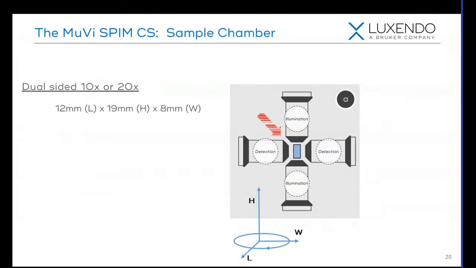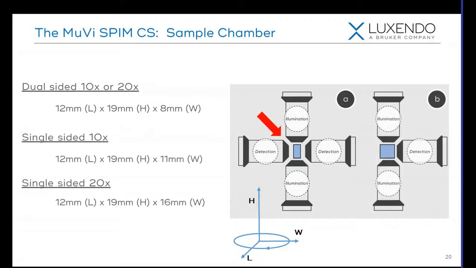The dual-sided chamber, consisting of 2 10x's or 2 20x's, or even an unbalanced configuration with 1 10x and 1 20x, will accommodate samples up to 12 millimeters between the illumination lenses and 8 millimeters between the excitation lenses, while being 19 millimeters deep. If that's going to be a little restrictive for your sample, we have 2 other octagon options as far as lens configurations that will extend the width of that chamber up to 16 millimeters with the 20x lens.